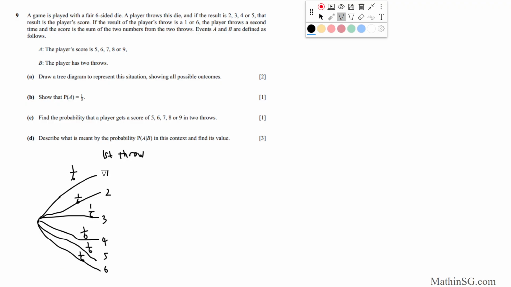Then if you throw 2, 3, 4, or 5, then your result is final, right? But if you throw 1 or 6, you get a second try.